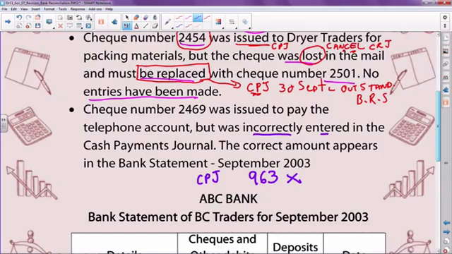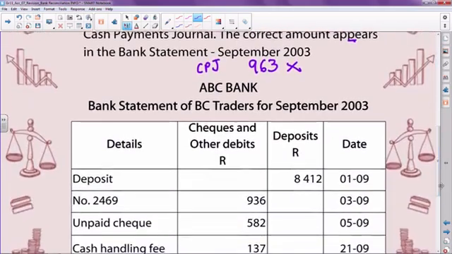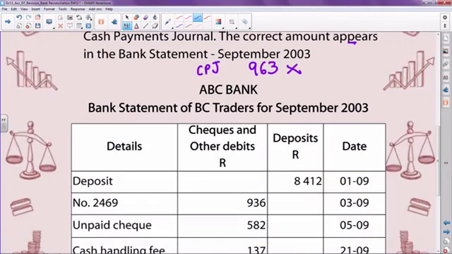The correct amount appears in the bank statement. So let's go to the bank statement. There's check number 2469, and the correct amount is 936.